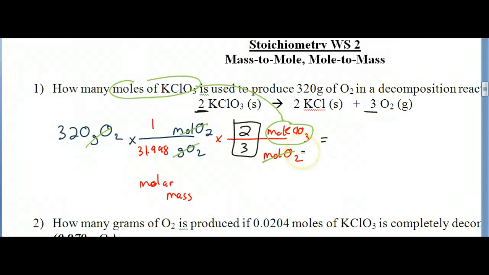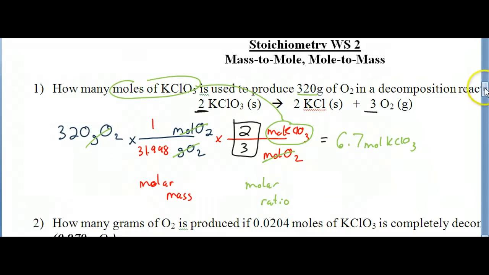And then you type that into your calculator, and you get to 2 sig figs 6.7 moles of KClO3. So that's one type of problem where first we did molar mass and then we did molar ratio.